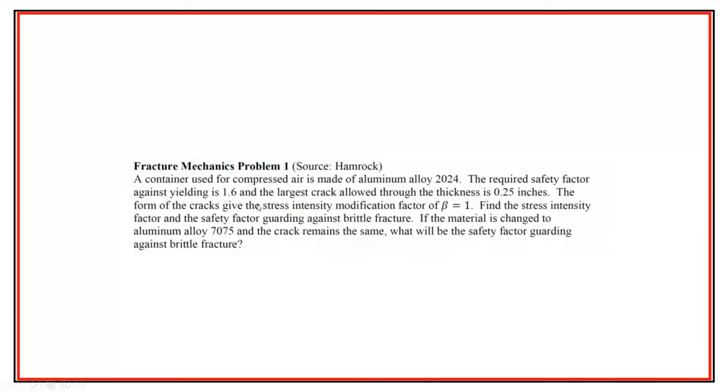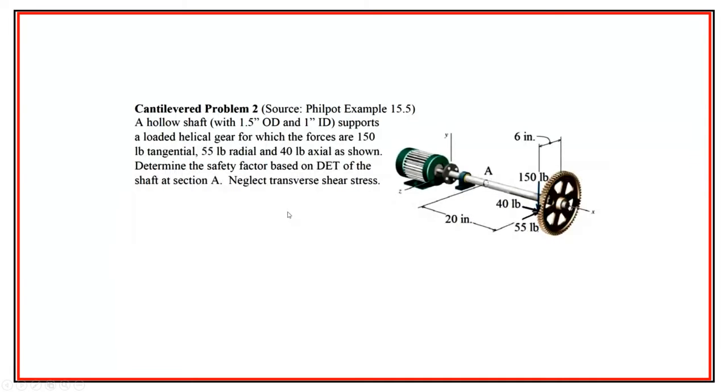And we're not going to do any fracture mechanics problems because I didn't assign any homework in fracture mechanics this semester. I have in previous semesters. So if you see other review sessions, you might see some more fracture mechanics stuff there. Then here's another cantilever problem, a little more interesting, a little closer to real world.